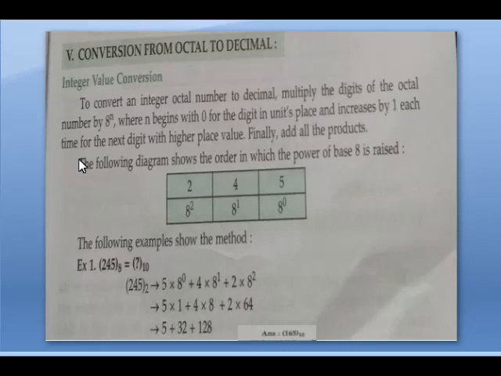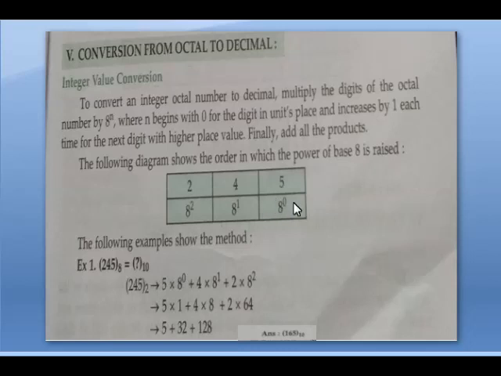When we convert from binary to decimal, we keep the base as 2 and increase the powers. Here, octal to decimal, the base is 8 and we increase the powers from right to left.